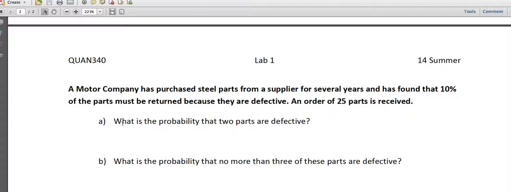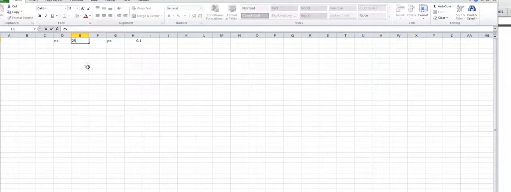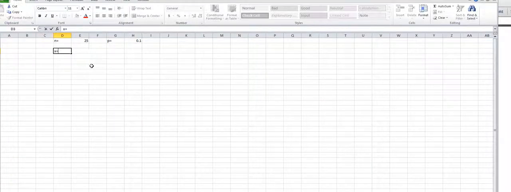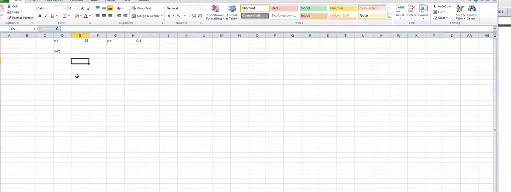Now if we look at the first question, what is the probability that the 2 parts are defective? So we identify x equal to 2. Now we want to figure out the probability for x equal to 2.